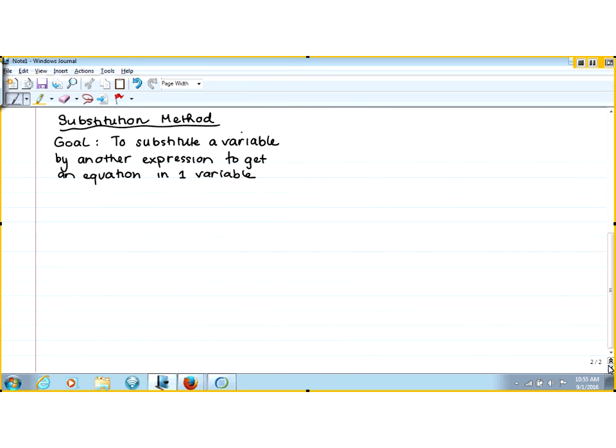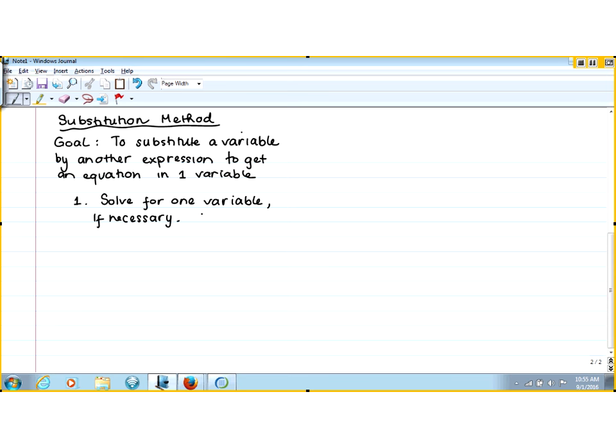Good. Now, how do you do that? So what do you do for substitution? Yes, solve for one variable if necessary, right? Sometimes it's already solved for you, so you probably don't need to do it. And how to make it easy?